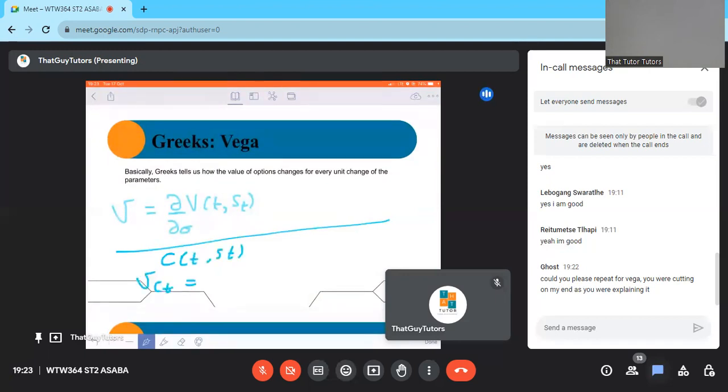It means that if the volatility of the share price increases by 1%, then the value of the call is going to increase by 2%. So the higher the vega is, the more the call's value responds when the volatility of the share increases.